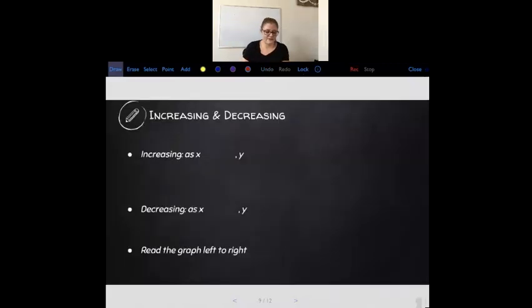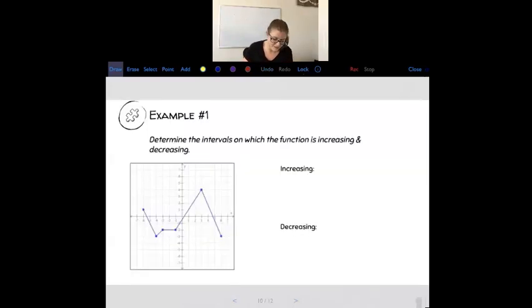Increasing and decreasing of a function. So increasing, as x gets bigger, y also gets bigger, and decreasing, as x gets bigger, y gets smaller. To determine increasing and decreasing, read the graph from left to right. So an example, determine the intervals on which the function is increasing or decreasing. You would start at the left side.